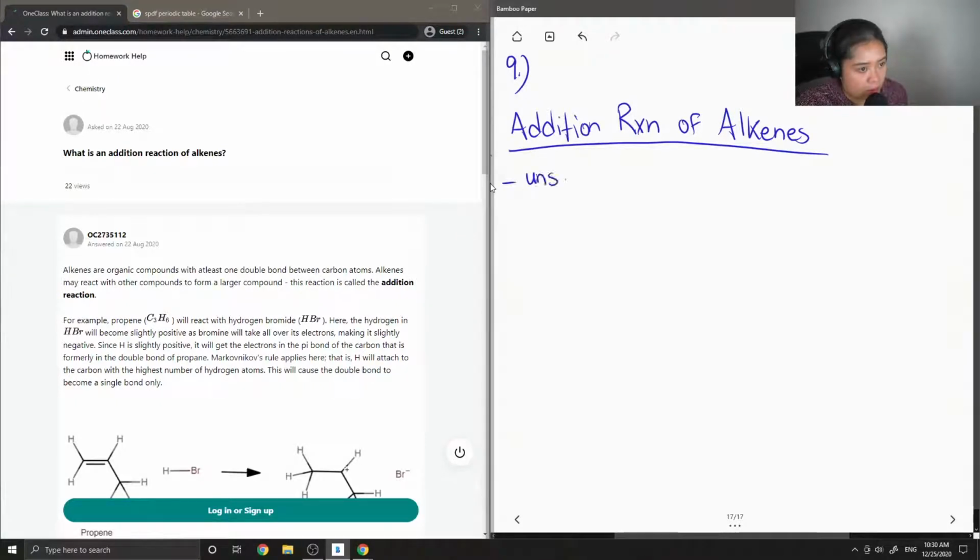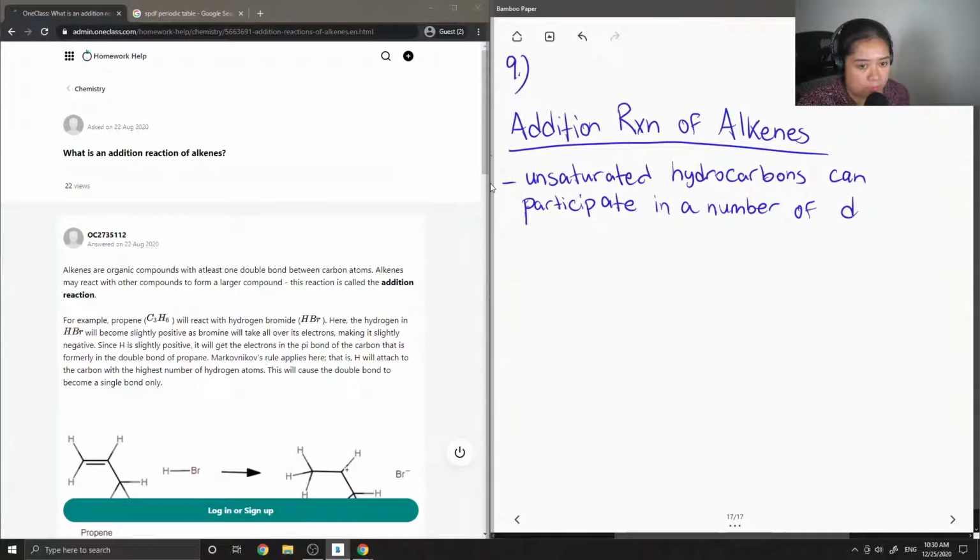So this is when unsaturated hydrocarbons can participate in a number of different addition reactions.